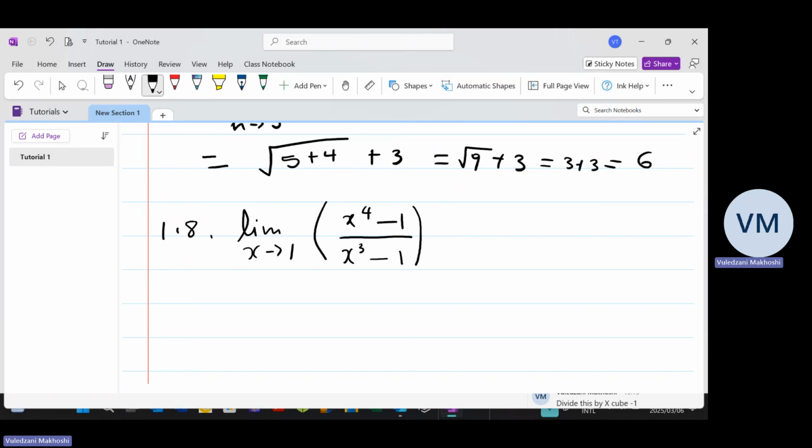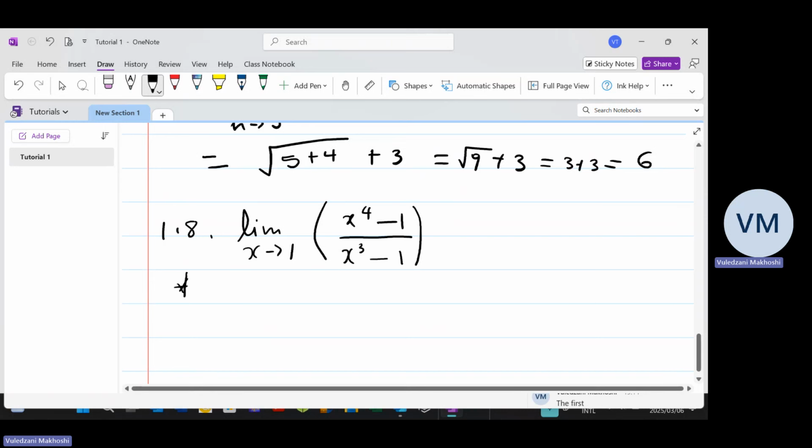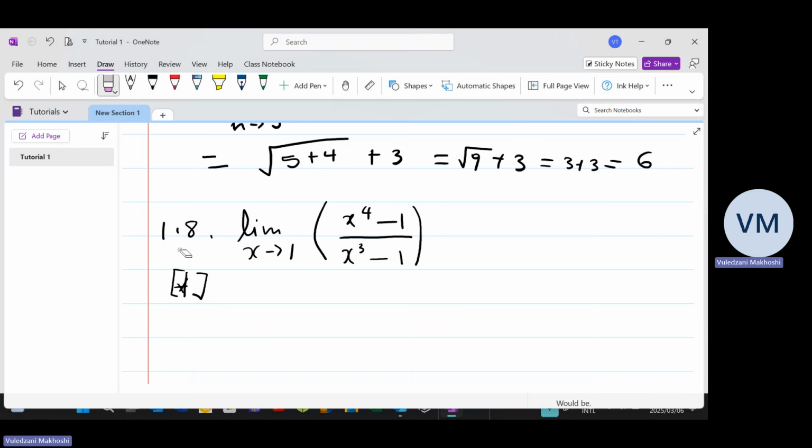Close brackets, like that. Well, one way of doing this, maybe I can do it using two different methods. The first method will be Method 1. Well-known method.